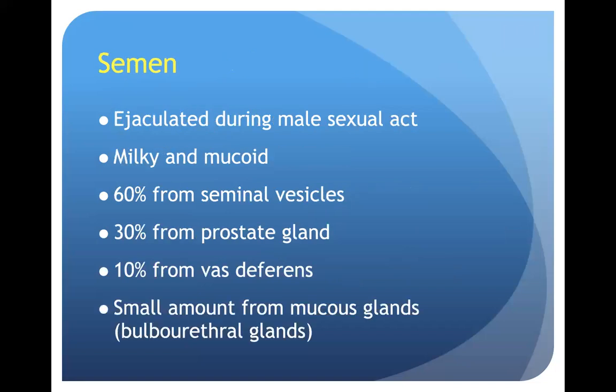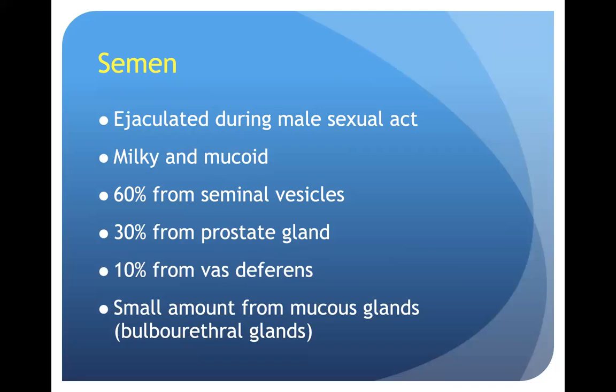So luckily, for the boys, you have the so-called semen. And this is what we actually see after ejaculation, is the semen. And this semen is milky as well as mucoid in consistency. So inside that mucoid substance, nandun yung sperm cells. So hindi after ejaculation masasabi mo, yan yung sperm cell.